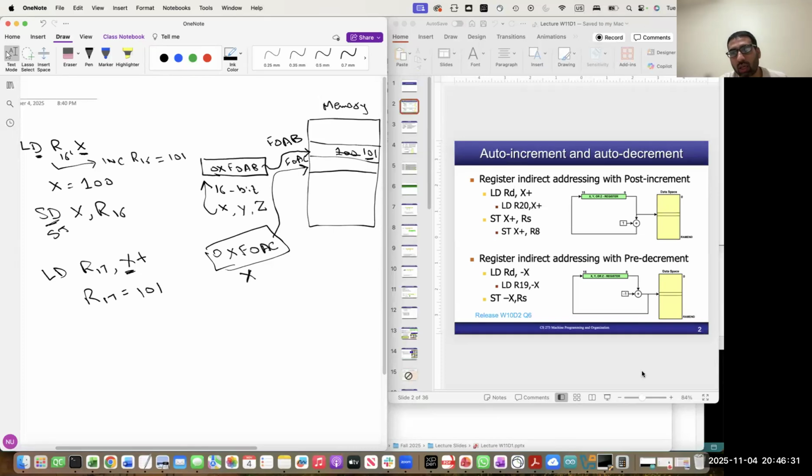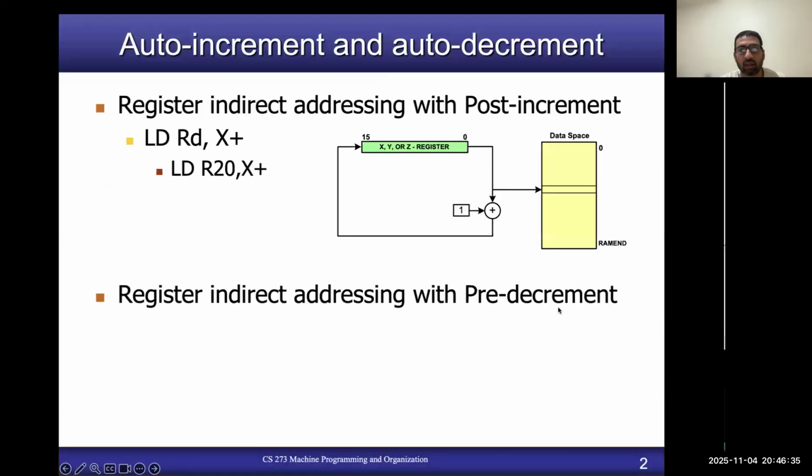And on the right side, you can see in the figure how the address works. First, whatever current value of X you have is used to point to the location in memory, and the data is accessed from that location.